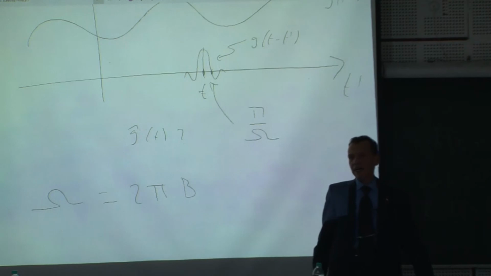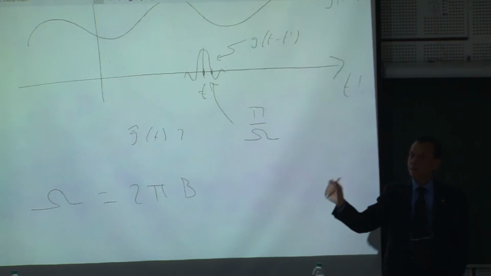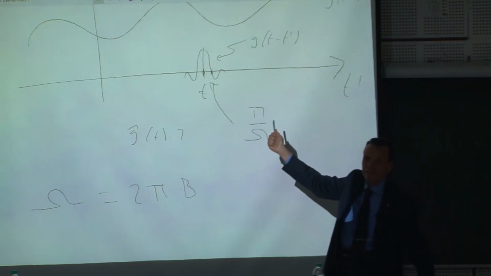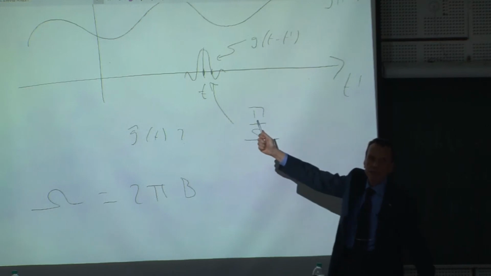The first effect of artifacts: imagine that you have a point source. A point source should appear to you in G hat as just a point. But now imagine what will happen if you have a point source and you take this sinc function as a flag and you go along it.